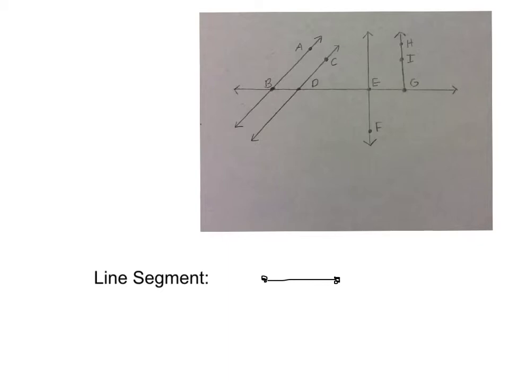One line segment we can find is HI, and we also have IG. To write these out, all you need to do is write the capital letters and then put your line directly above. There are no arrows attached because a line segment, once again, has 2 endpoints, which are your points.